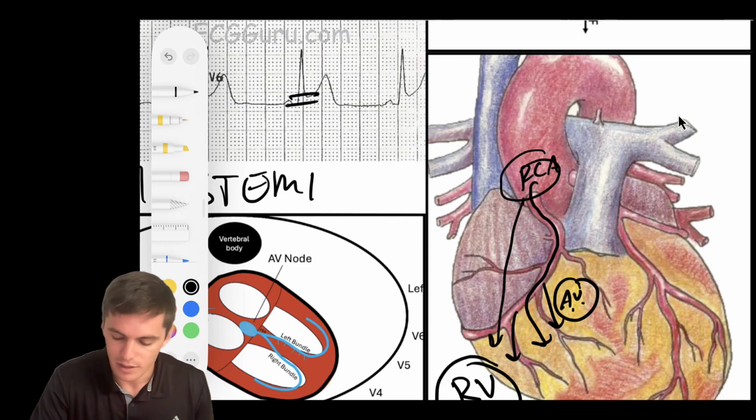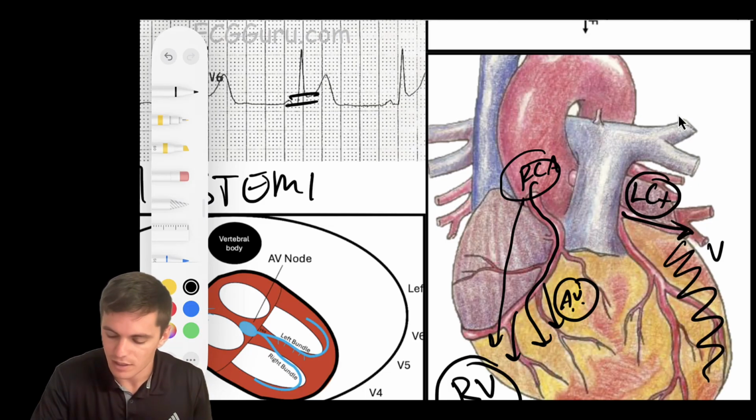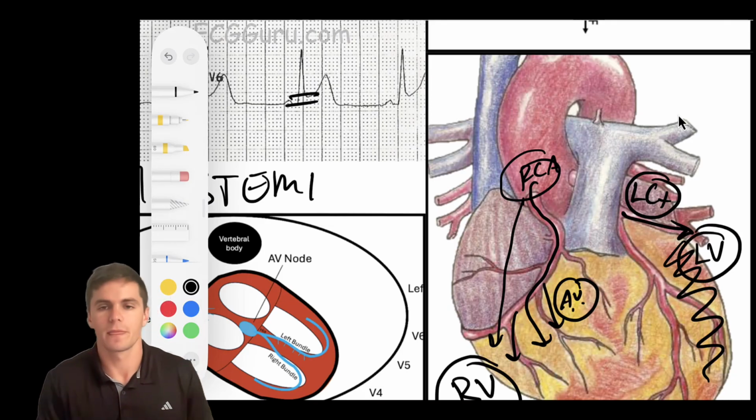On the other hand, if the left circumflex gets occluded, right, this is a little bit more of that left ventricle. So if LV dysfunction occurs, you might see someone that comes in with florid congestive heart failure, right? Because if the LV is not pumping effectively because the left circumflex is occluded, they might have cardiogenic pulmonary edema, right?